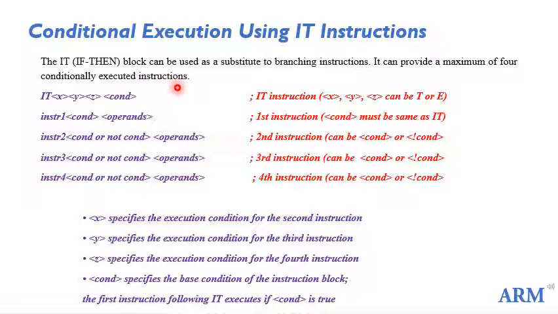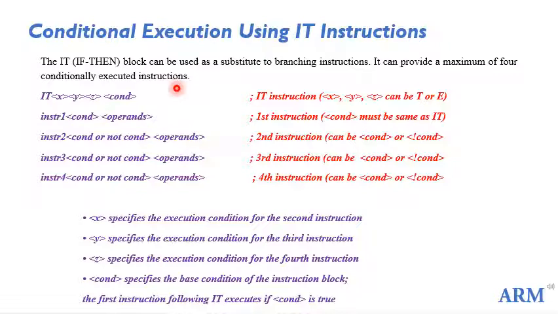The advantage of using this IT instruction instead of branching instructions is that it will avoid the branching penalty. On execution of a branching instruction like BEQ, that is branch on equal, in other words, if the Z flag is equal to 1, it will branch to the given label. In this case, the program flow is going to be changed.